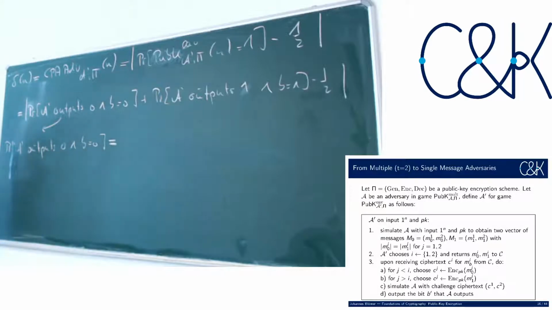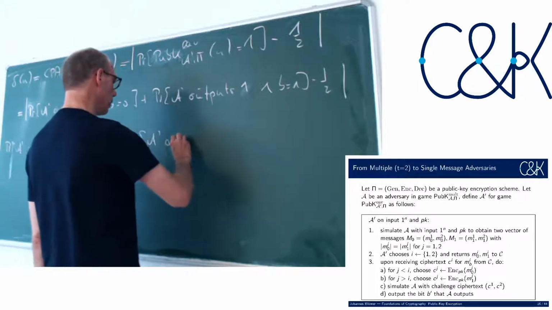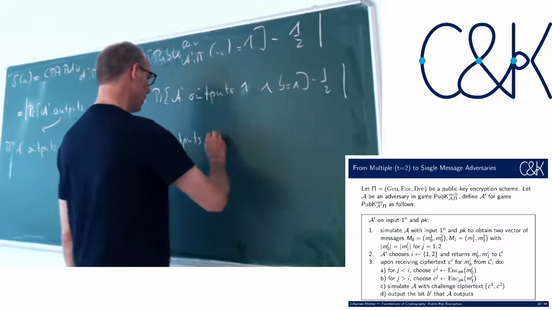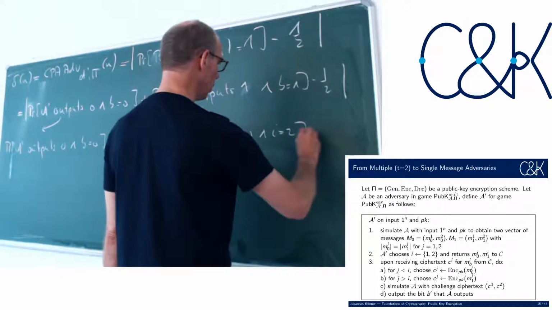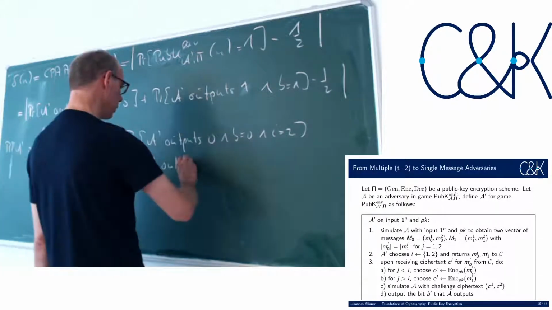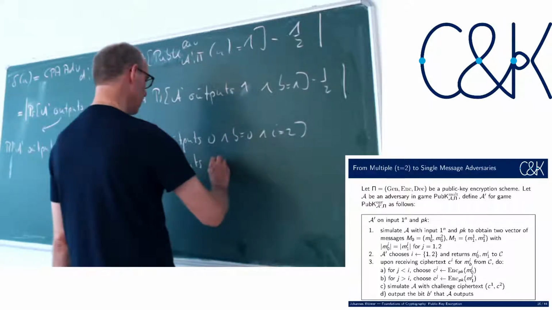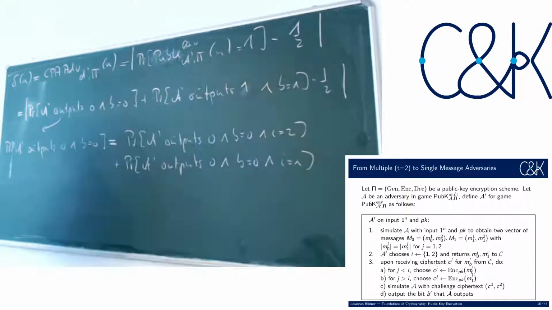This is the same as the probability A prime outputs 0 and b is 0 and i is 2, plus the probability that A prime outputs 0 and b is 0 and i is 1. It picks one of them, and I also include this i is 1.